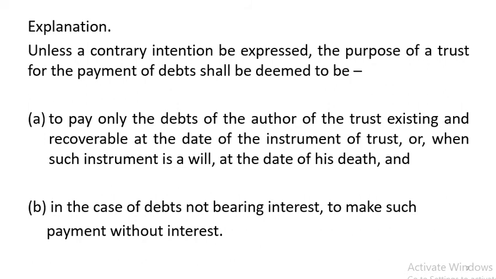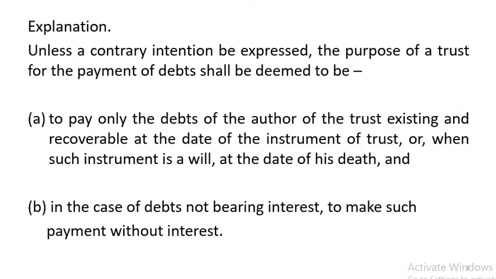Then we will see here the duty of the trustees to distribute the trust property. When a trustee declines to carry out the directions of the trust, then the court will direct him to implement the same.